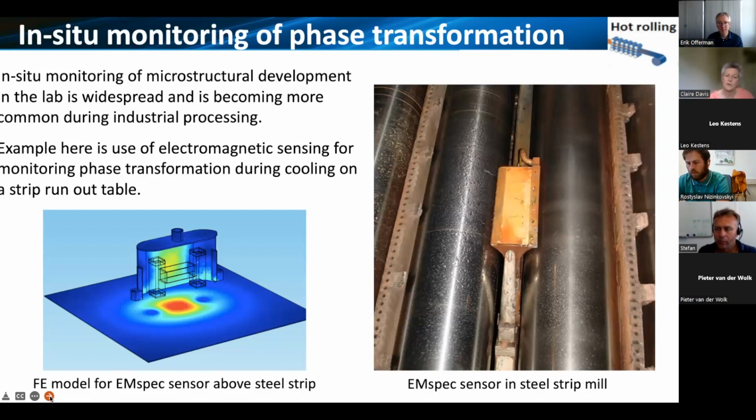Bottom left shows the FE models that we're able to review the predictive. And really what we're doing here is looking at monitoring phase transformation during cooling, because we want to ensure that the predictive approach using, for example, CCT curves, so what temperatures and what cooling rates we need to optimize our ferrite grain size, how that relates in practice.